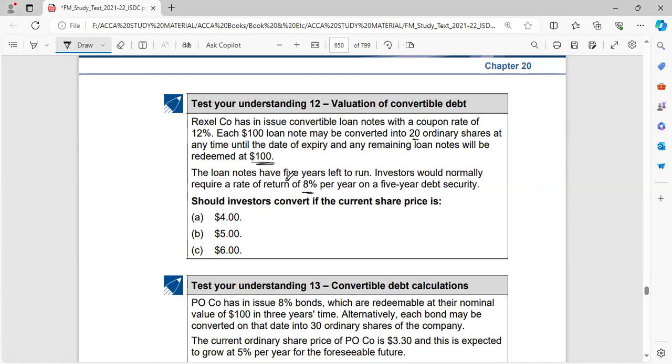5 years remain. First, we will calculate floor value. Floor value means he will earn interest of 12% minimum for the next 5 years at 8% cost of capital. So at 8%, the 5-year annuity factor is 3.993.